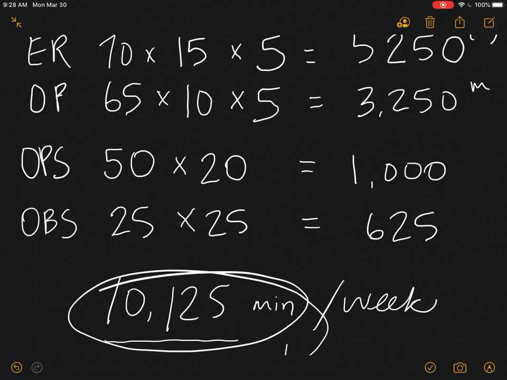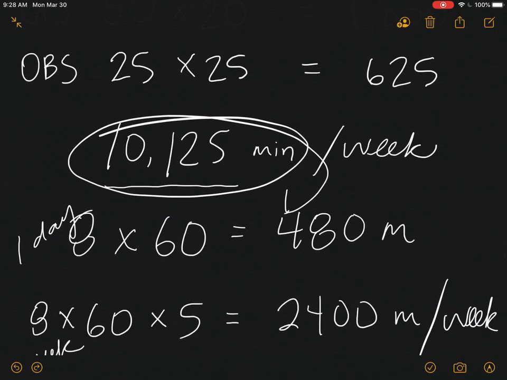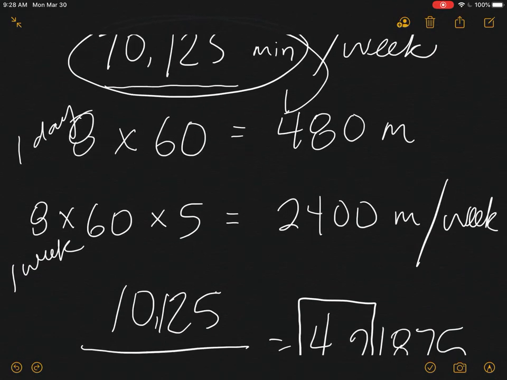Outpatient surgeries and our observations, they were only per week. So 50 charts times 20 minutes, 25 charts times 25 minutes. And we get our total number of minutes. We add it up. I hate when I do that. We add it up and we come out to 10,125 minutes total.